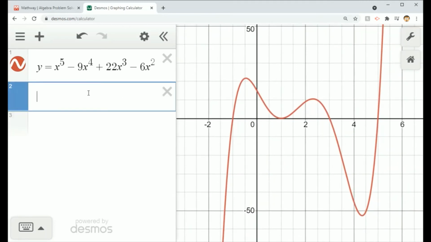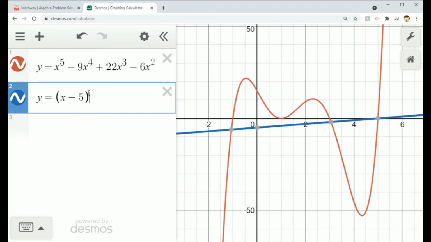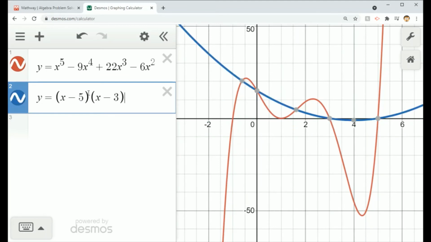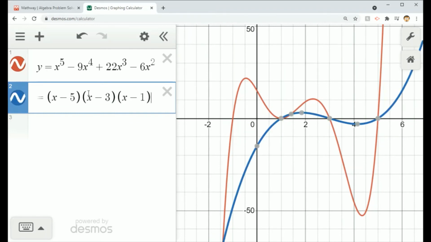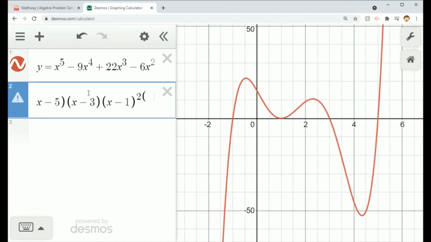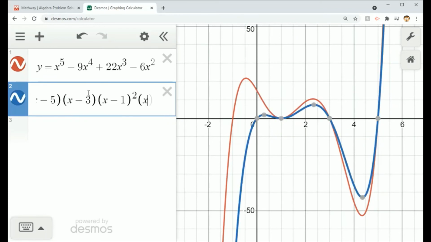Okay, and now I'll verify it by typing in my factored form, which is y equals x minus 5, x minus 3, x minus 1 squared, and x plus 1.